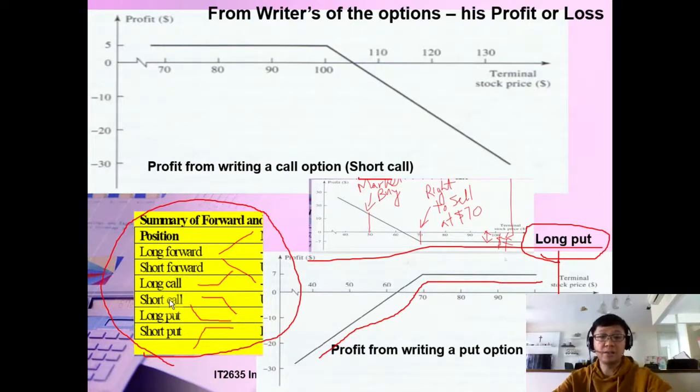So these are essentially the 4 important payoff graphs that you need to take note of. What you can do is remember just the long charts, like this and this. The rest, the shorts, are just the mirror image. Of course, if you have a good memory, you can remember all the payoff graphs.